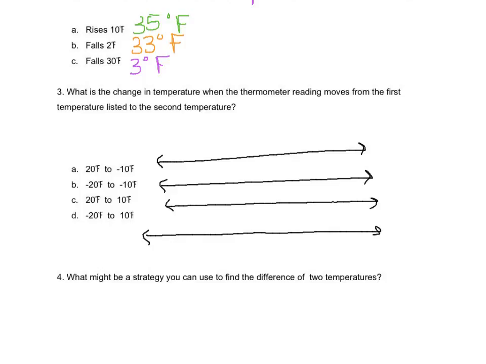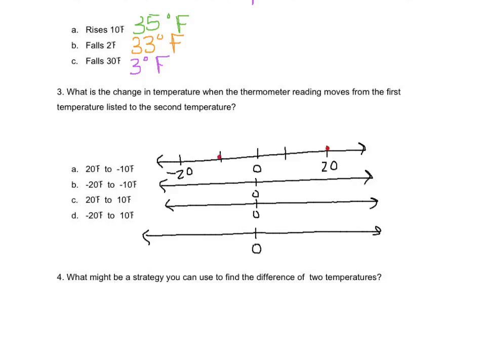So for A, it's always good to have 0, which is kind of that neutral middle ground. For A, it looks like I'm going from 20, so there's 10, there's 20, and then I need -10, -20. So I'm going to do the number and its opposites. So let's start with A. I need to place a dot at 20 degrees and a dot at -10.